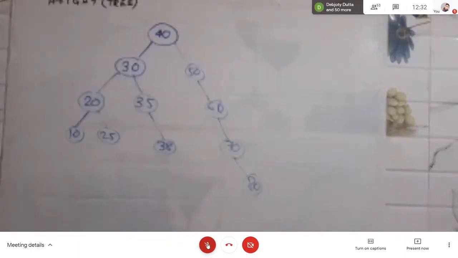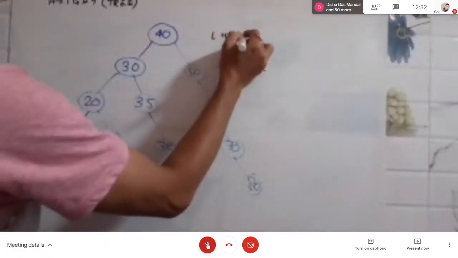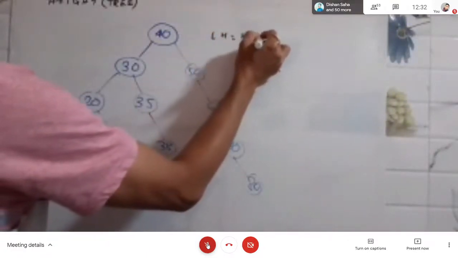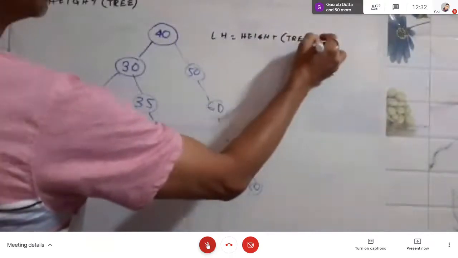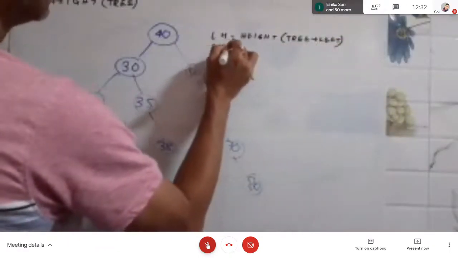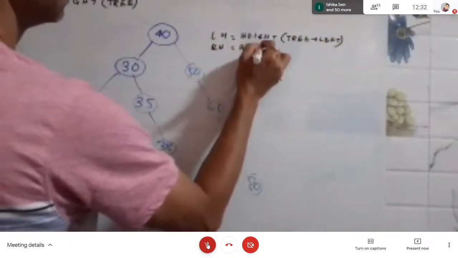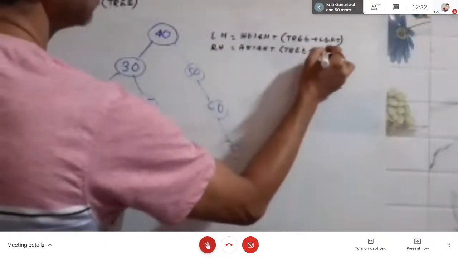How it is called recursively? We have written one thing, that is left child and tree left and tree right. So these are called. We have written that left height equal to height, then tree left, and right height equal to height, tree right.